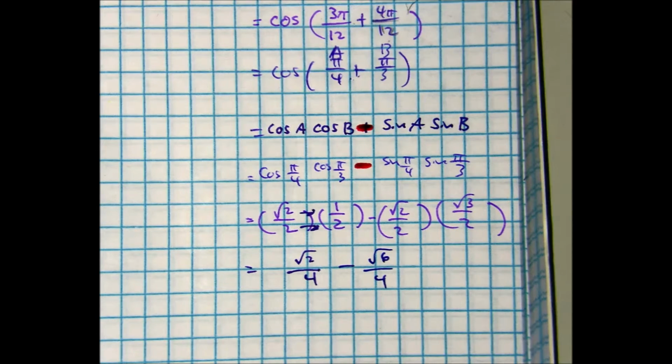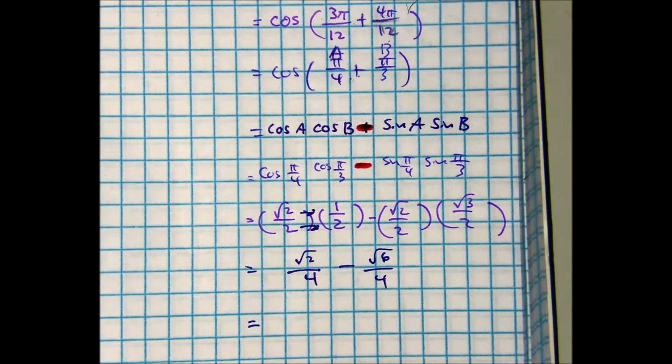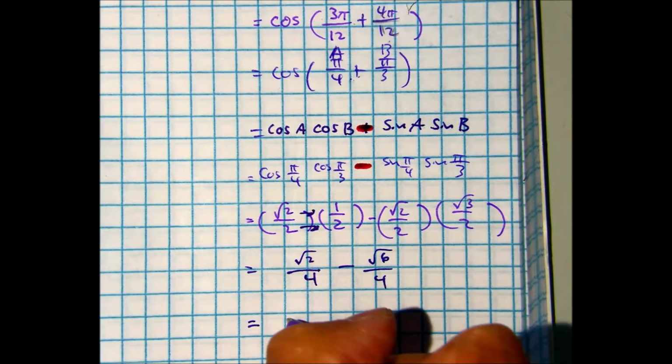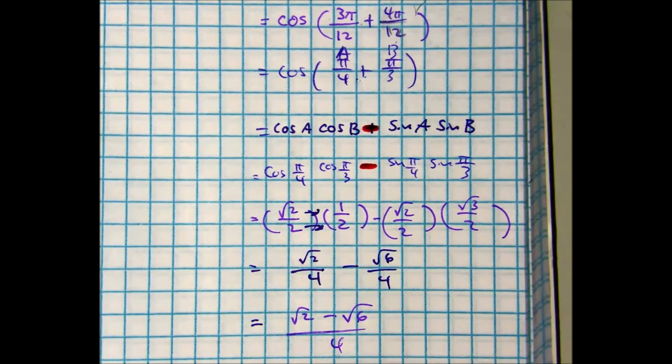Vincent, do they have a common denominator? Yes. So what can I write now? Radical 2 minus radical 6 over 4. And that's our answer. Raise your hand if you got that.